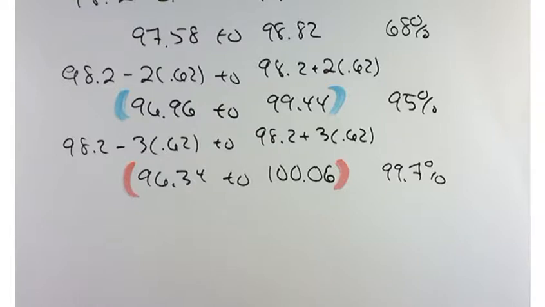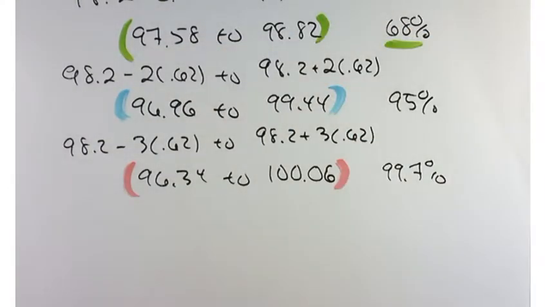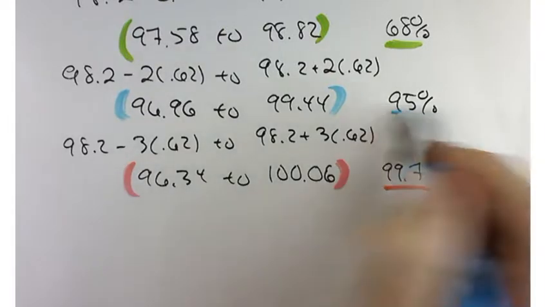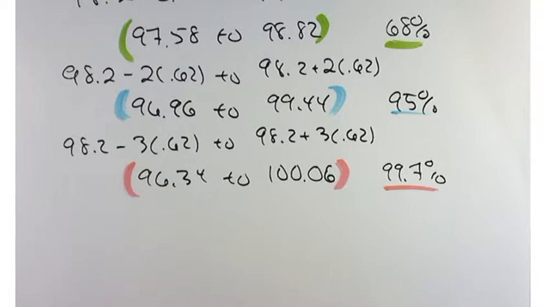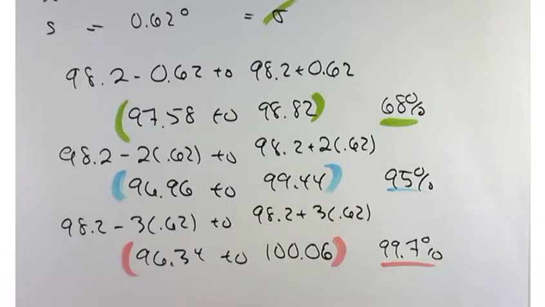Okay, so depending on how far you go, you're going to get 1, 2, or 3 standard deviations away from the mean. You're going to find certain percentages of data. Obviously, that's going to depend on your data set and what the mean and standard deviation is, but I do want you to have a good acquaintance with the empirical rule.